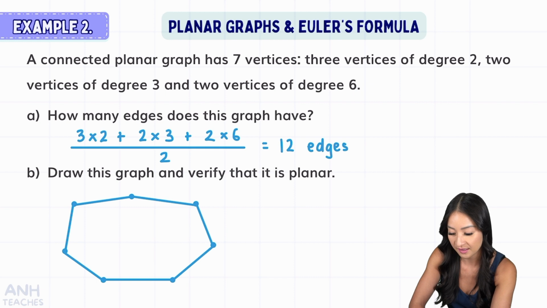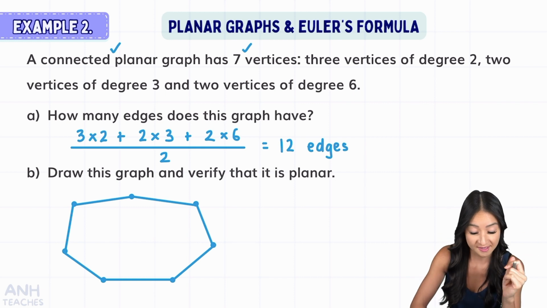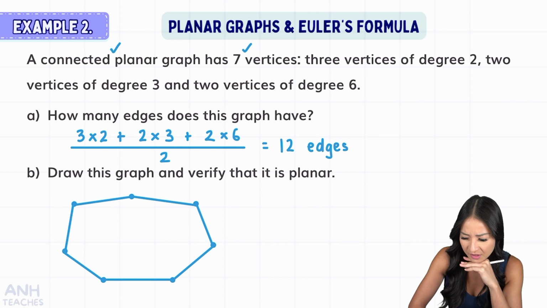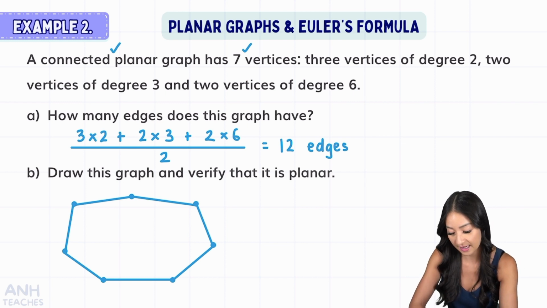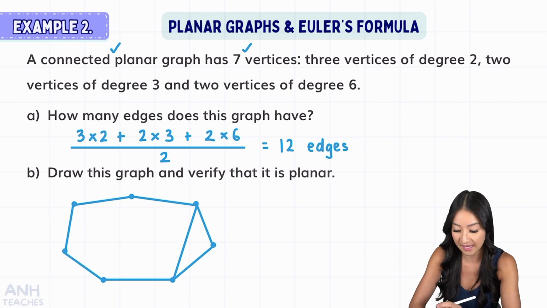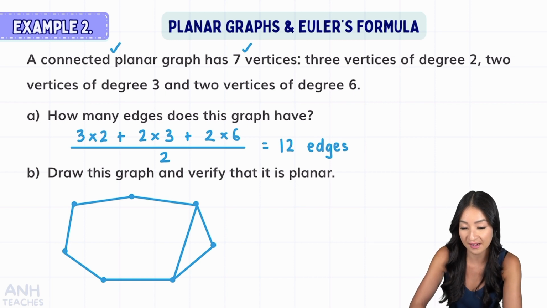So I've got connected 7 vertices. Well, all the vertices are degree 2 right now, so I won't check that yet. I've got 2 vertices of degree 3, so I can easily add an edge that connects 2 vertices. That makes those 2 vertices have a degree of 3 now.